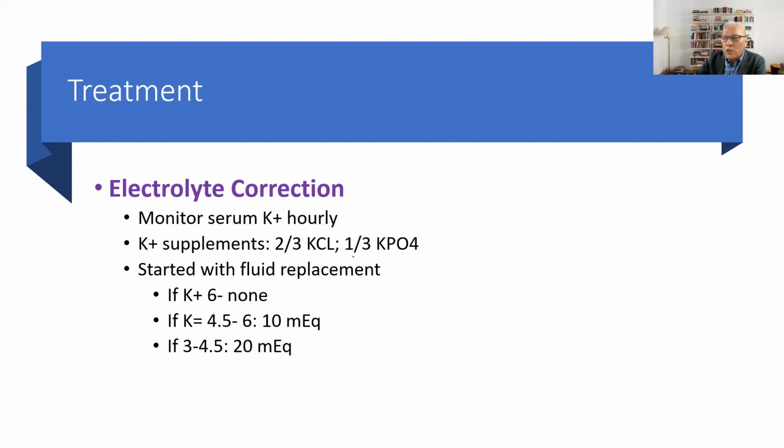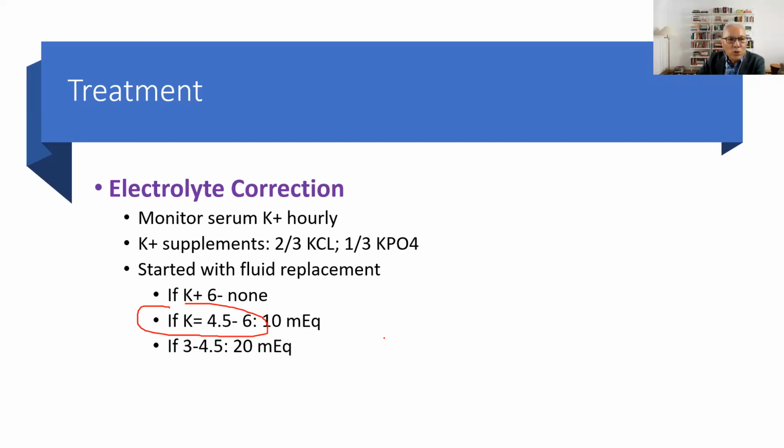And of course, when we have to correct the potassium, it is usually given by IV drip. It is usually initiated if the potassium is between 4.5 and 6. We still need to give potassium, thinking that with the administration of insulin, what happens to the potassium?